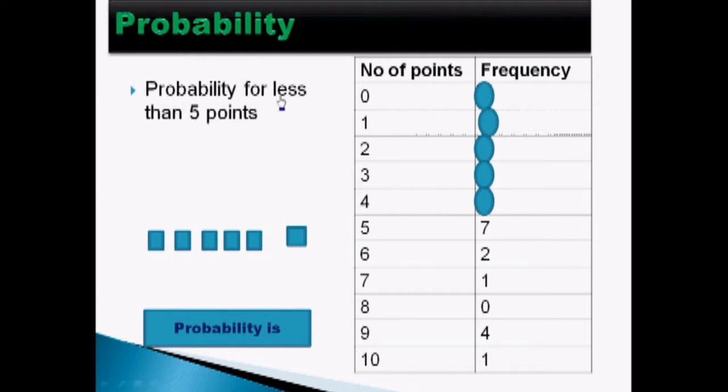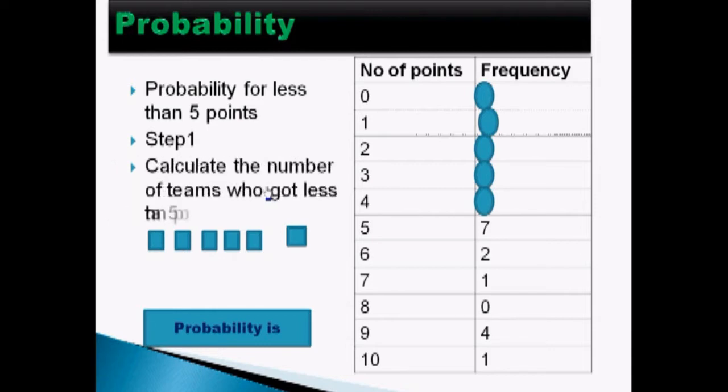Okay, probability for less than 5 points. Step 1. Calculate the number of teams who got less than 5 points. So here we have, first we look for the 5 points, but less than 5 points would have been 4, 3, 2, 1, 0.